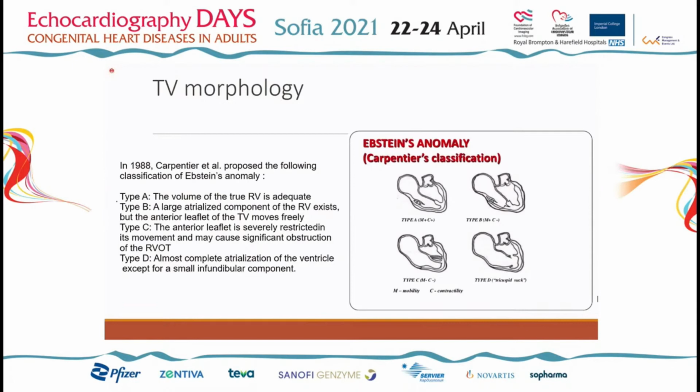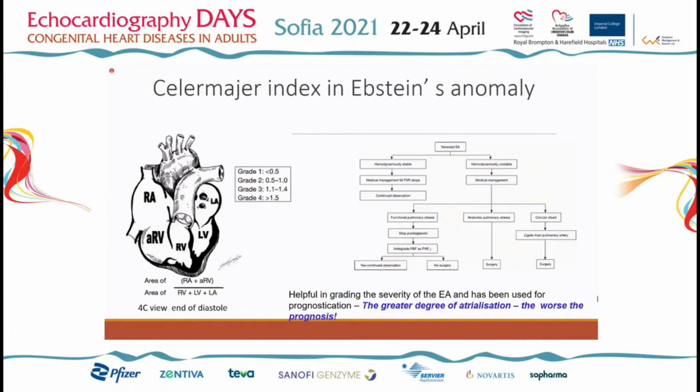Another classification, which is most important to describe, not only the echocardiography grading score, which is very important for neonates with Epstein anomaly, is the Celermajer index of the Epstein anomaly. It is one of the prognostic tools for the severity of the Epstein anomaly and can be used for the prognosis of this disease.